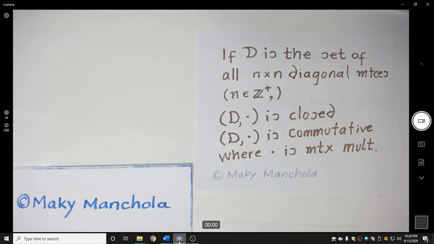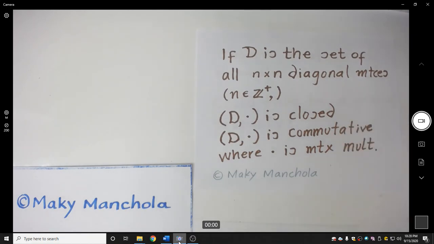Okay, here is a summary. If D is the set of all n by n diagonal matrices, where n is a positive integer, then the structure D under matrix multiplication is closed, meaning that when you multiply two n by n diagonal matrices, the result is also an n by n diagonal matrix.